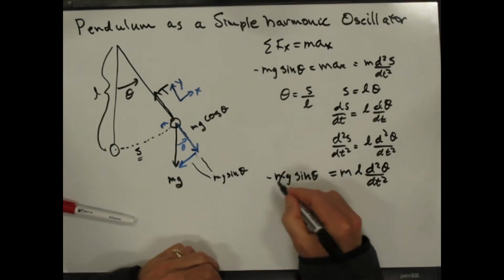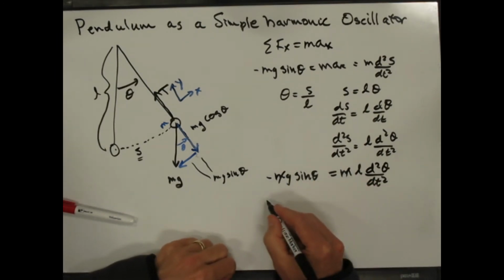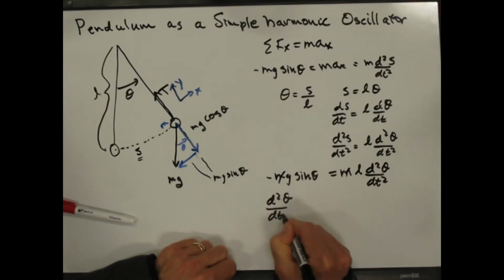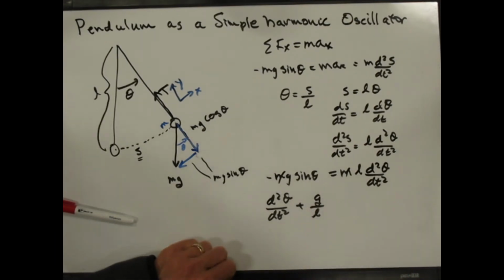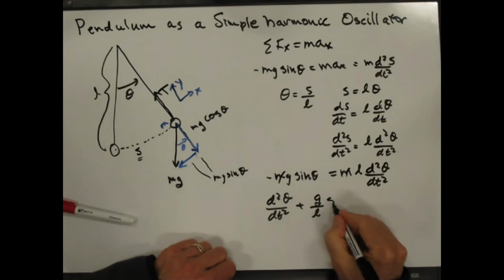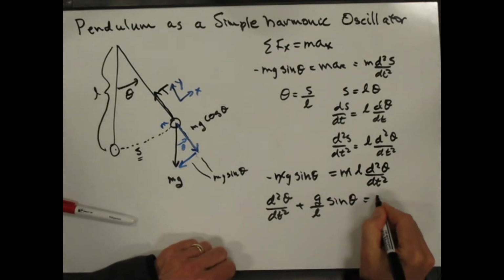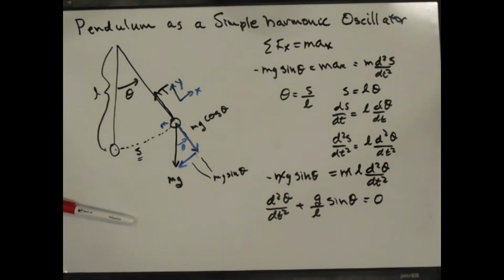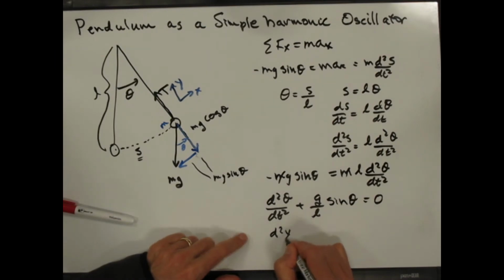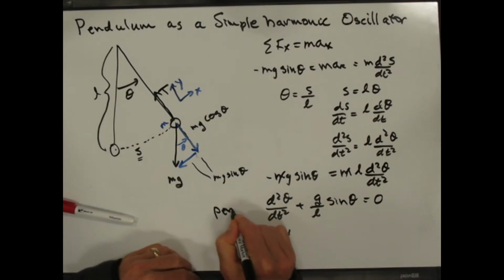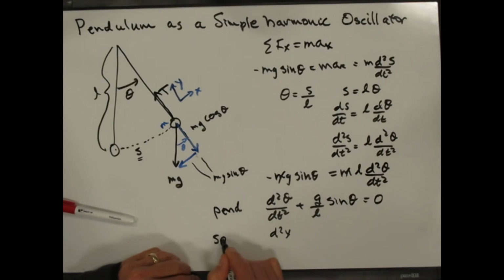I can cancel an m from both sides, and this becomes d squared theta over dt squared plus g over L sine theta is equal to 0. If you remember, back when we had the spring, we had d squared x. So this is the pendulum. This is the spring, or simple harmonic oscillator.